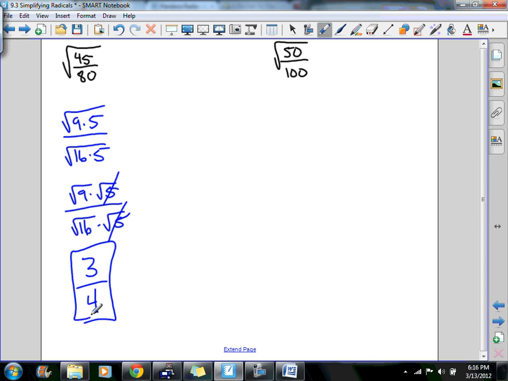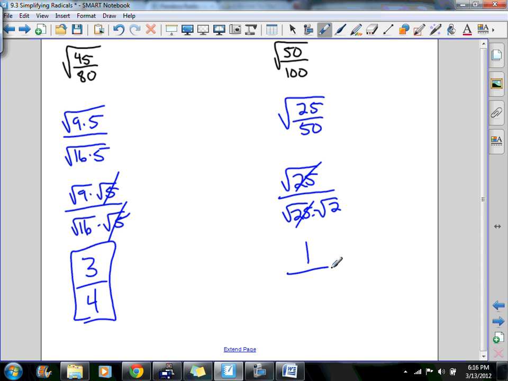And that's our answer. On the right here, I can divide the top and the bottom by 2 right away to give me 25 over 50. The square root of 25 over the square root of 25 times the square root of 2. So I can cross these out and end up with 1 over the square root of 2.